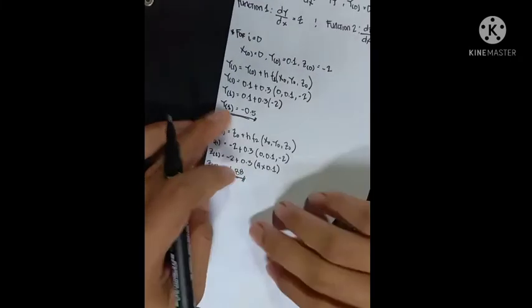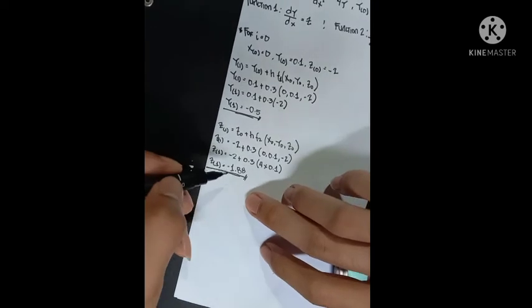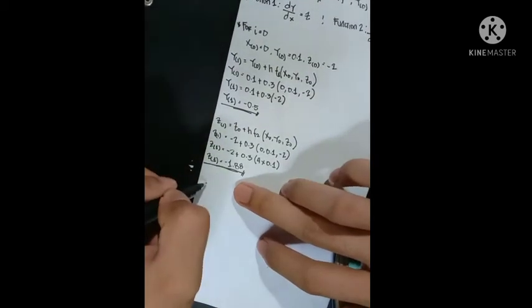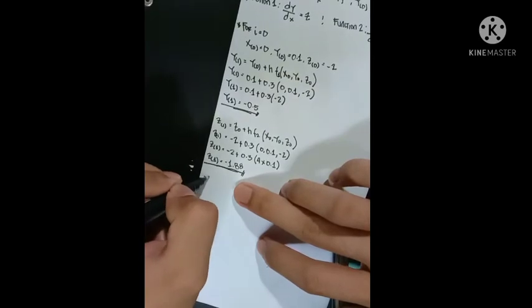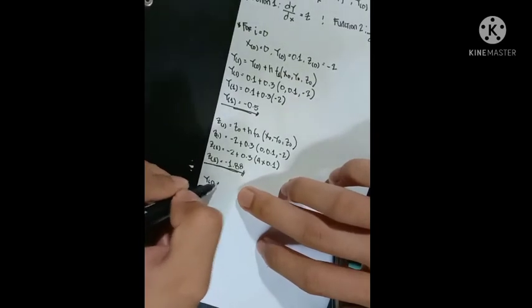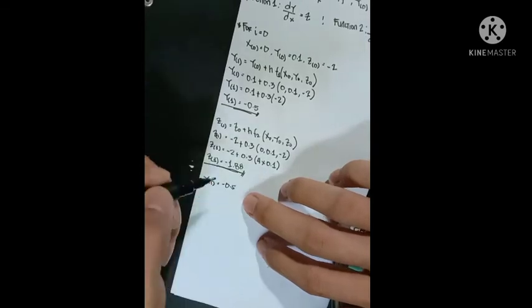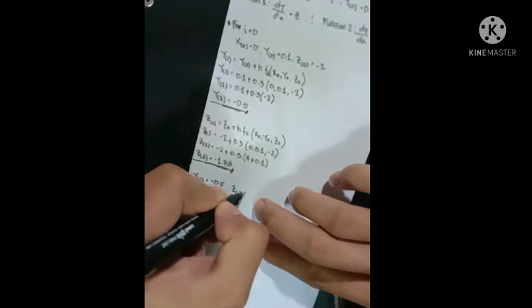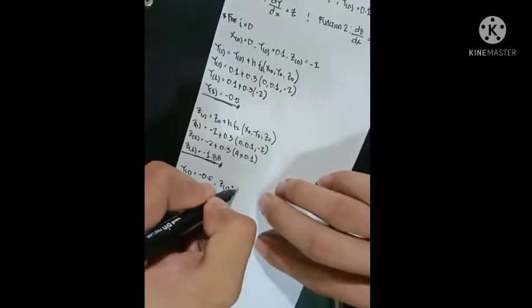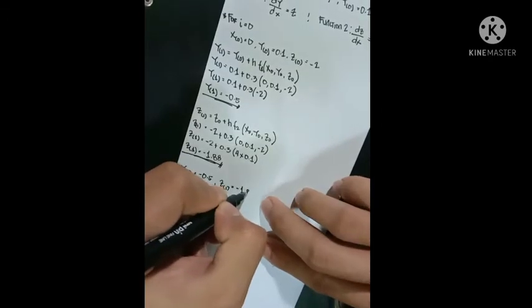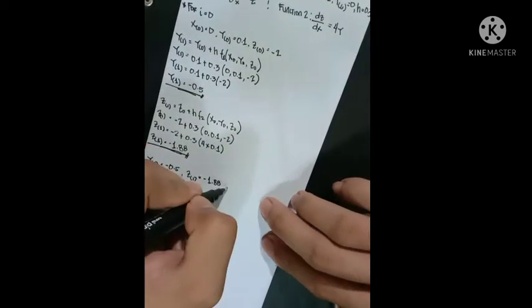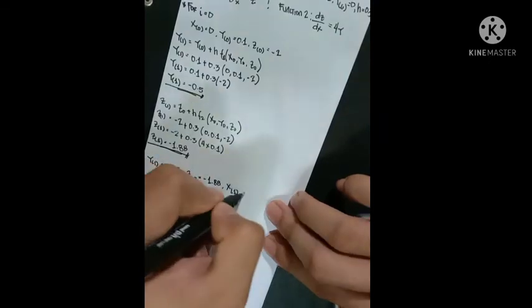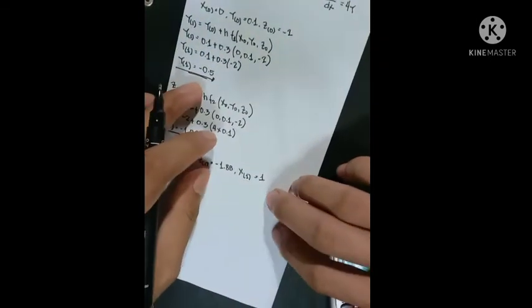So now we have the values of y1 equal to negative 0.5, z1 equal to negative 1.88, and x sub 1 is also equal to 1.